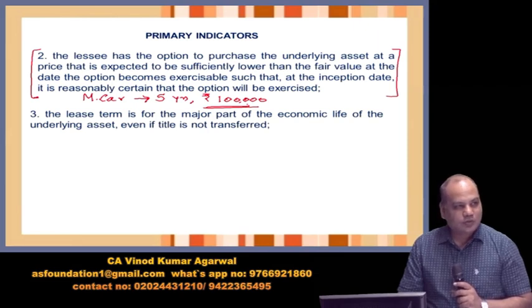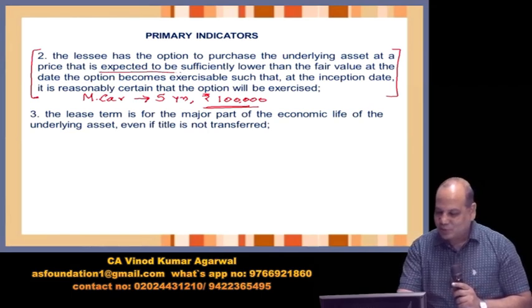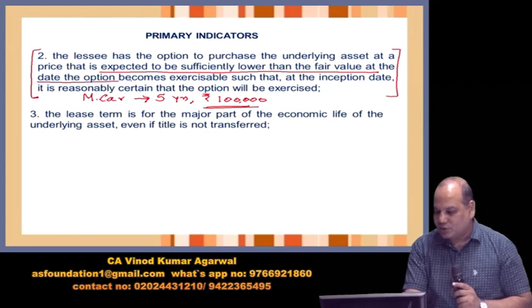Do you think the option will be exercised? A 5-year-old Mercedes car being available for 1 lakh rupees. So it is expected to be sufficiently lower than the fair value at the date the option becomes exercisable. Of course, you will exercise.